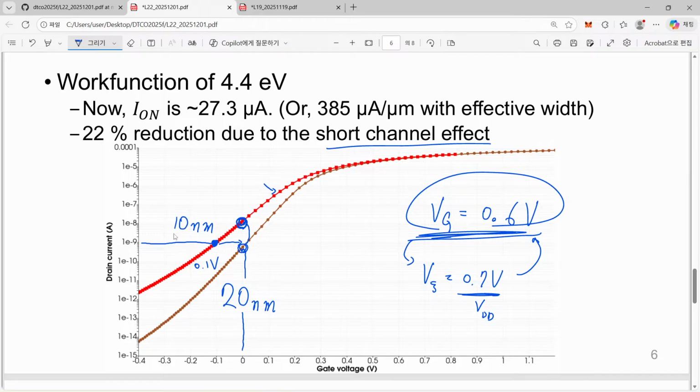So due to this severe short channel effect, you can see that the corrected on value shows 22% reduction. So you cannot have 22% reduction of your on current within this same structure. So obviously this is quite a bad situation for your technology.